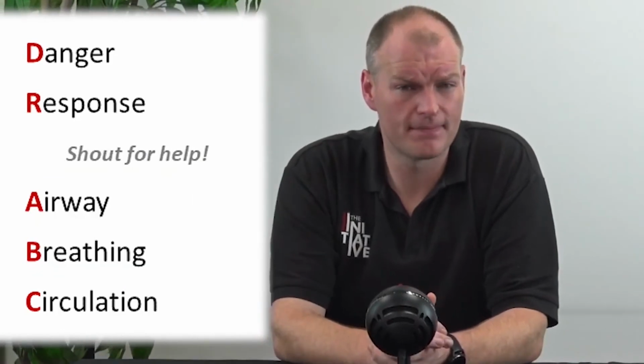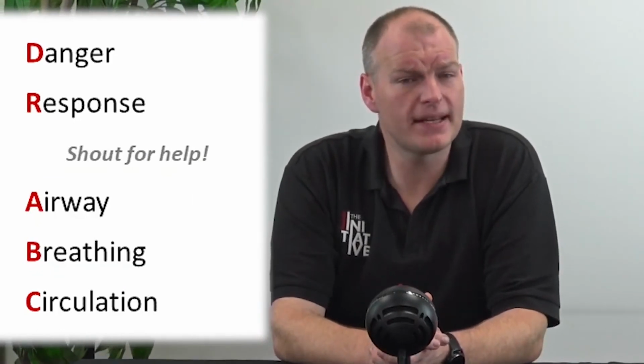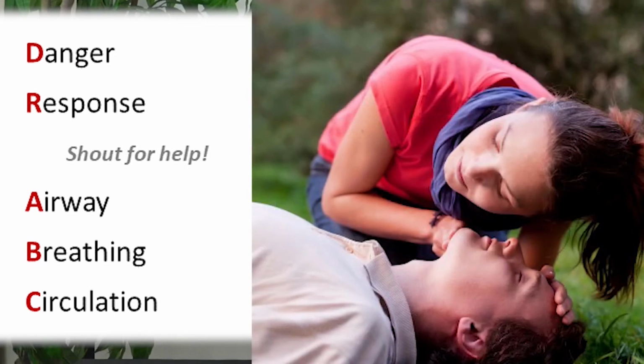Once we've opened that airway, we must hold it in that position whilst we now check for breathing. So to check for breathing, put your ear down over the casualty's mouth, look down the chest towards the feet, and count up to 10. Within that 10-second period, we are looking to ascertain, is this casualty breathing normally?